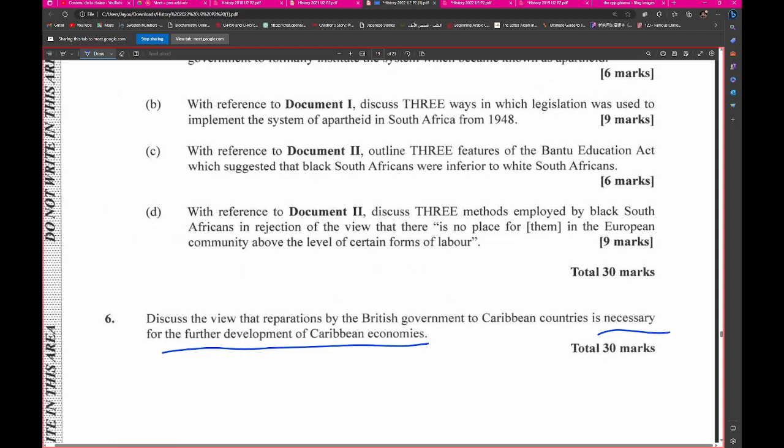I think there is a chance that Caribbean countries can further develop and gain great economies, but reparations would help a lot. So reparations by the British government specifically to Caribbean countries is necessary for the further development of Caribbean economies.